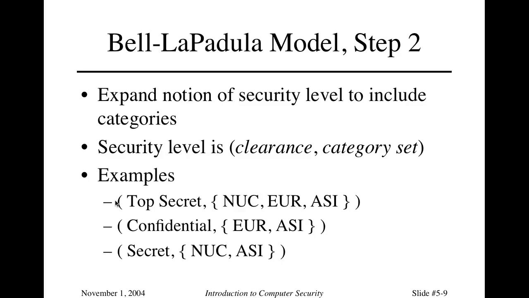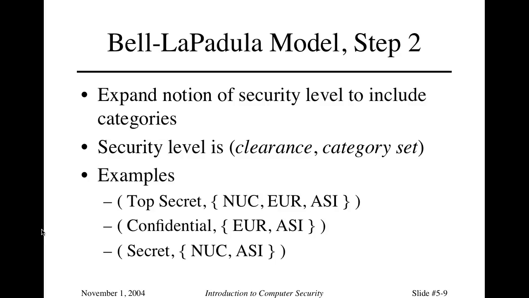If it's a person, that says the person has security clearance at top secret level, and the person can access nuclear related information or any information related to Europe or Asia. If it's a file, it says this file is at top secret level, and the file has some information about nuclear, Europe or Asia.